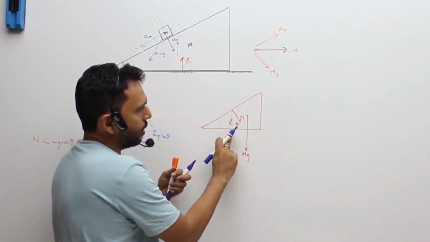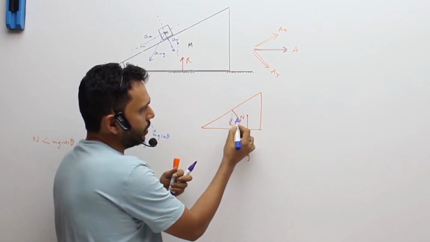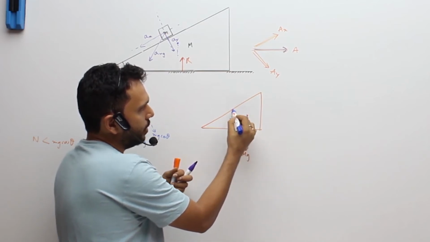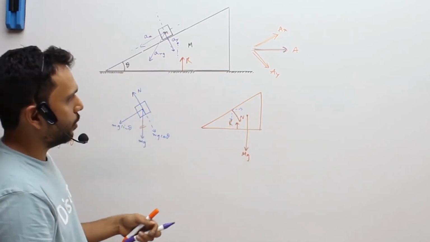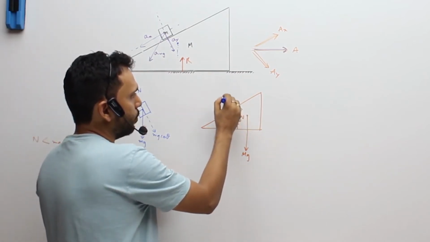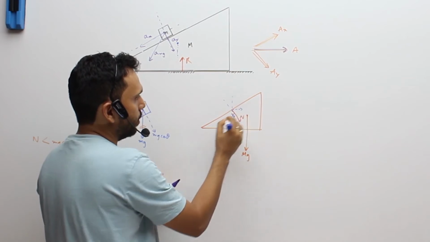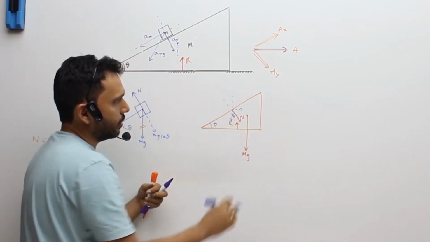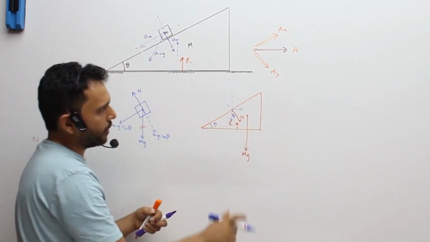All the forces over here, R, N, or mg, are vertical except for N. N is a slant force, so it will break into two components. As told to you earlier, the normal and the vertical make the same angle as the incline and the horizontal. So I hope you remember that.